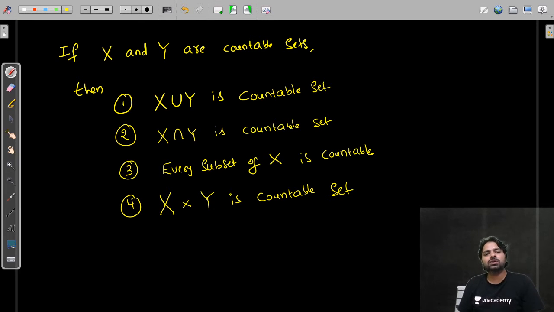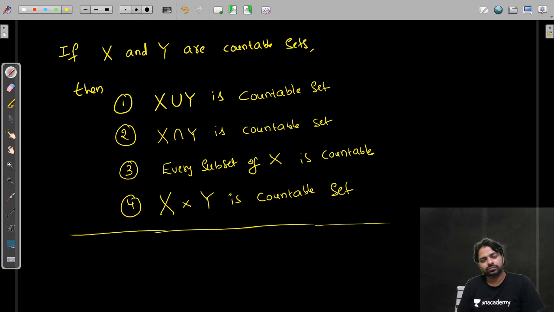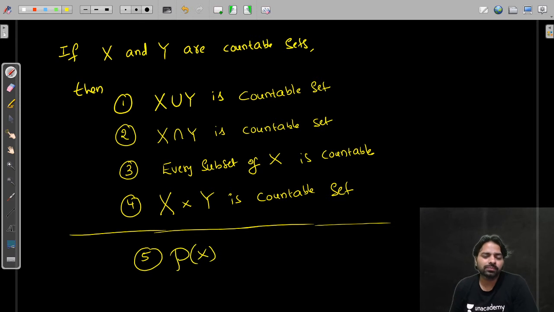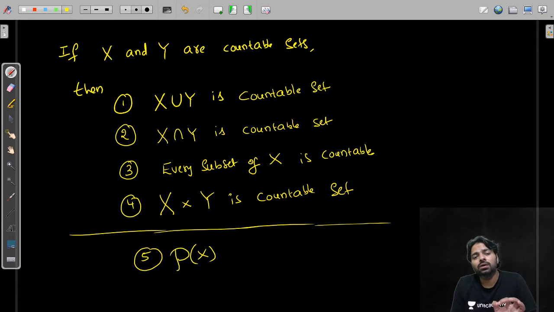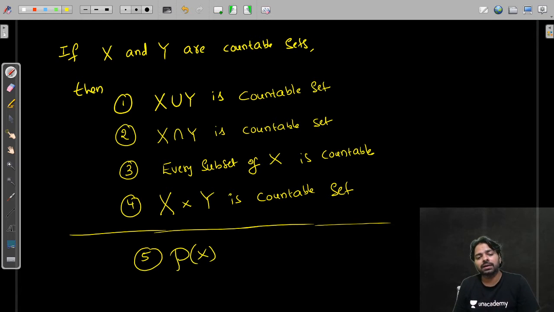But when you are talking about the power set of x, it need not be countable. It is countable if x is finite, but I didn't tell you finite or infinite. P of x is countable if x is finite.